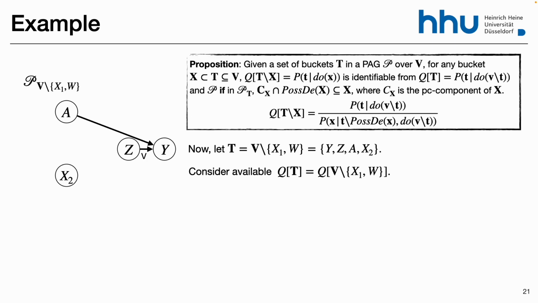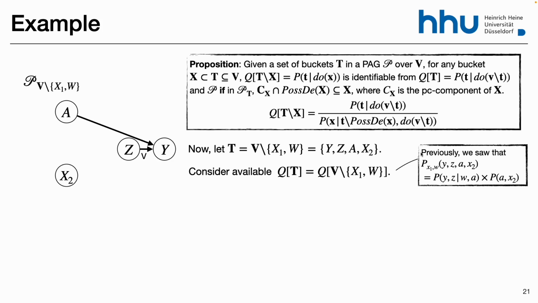Now consider that we have available Q_T, which is the one that we just saw in the previous slide. So we have the expression; this is done now. It's given. We want now the bucket x2. The choice of the bucket in the algorithm is any bucket that satisfies the condition, and I'm telling you this is going to be one.